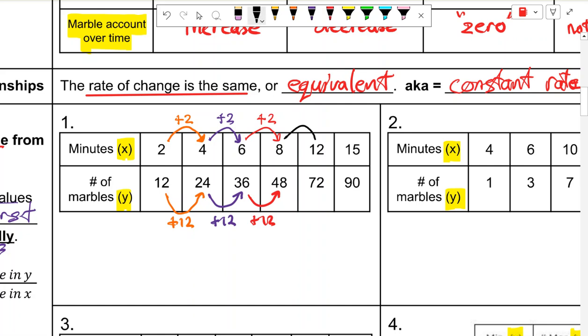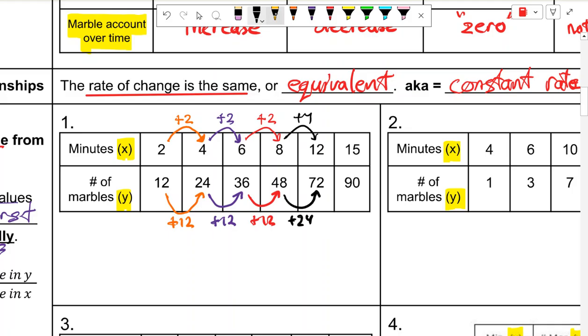8 to 12 is plus 4. And then down here, 48 to 72 is 24. Doing some mental math there.